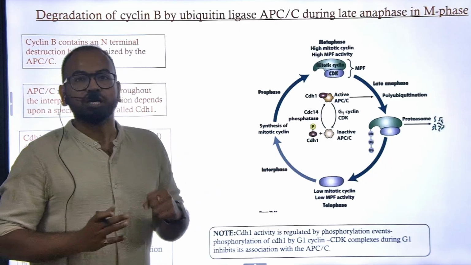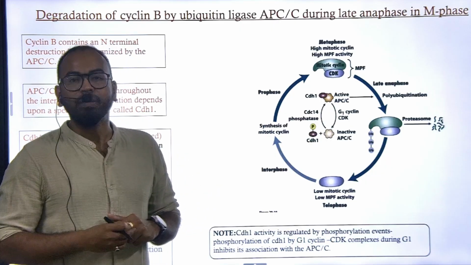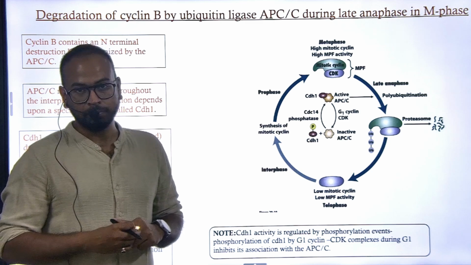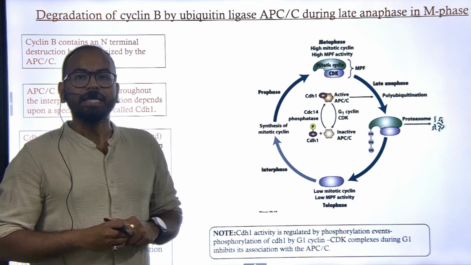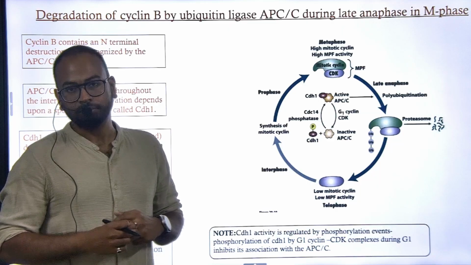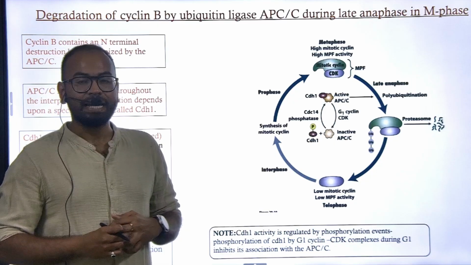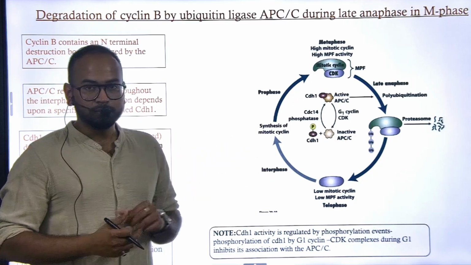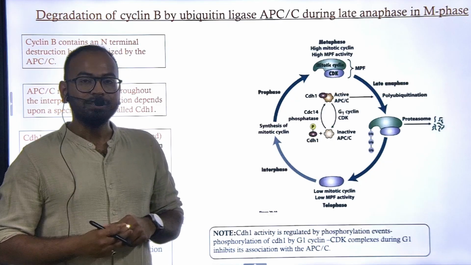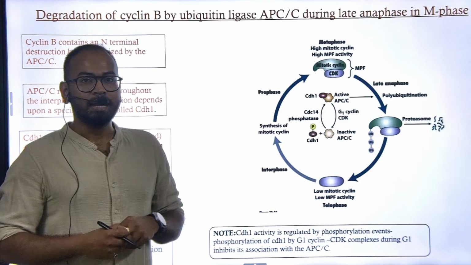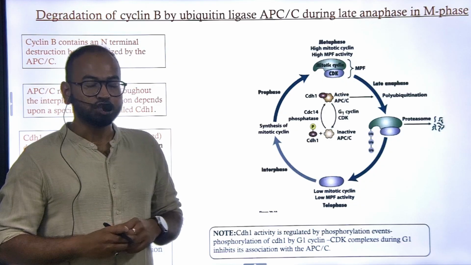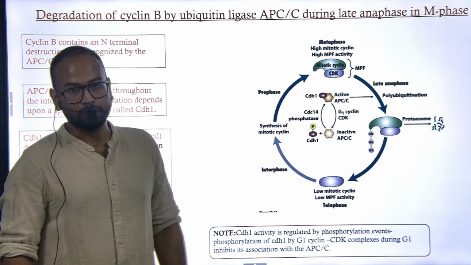That N-terminal destruction box is the site of ubiquitination, where ubiquitin units are bound by the activity of APC/C in association with CDH1. Here, in this slide, we have mentioned how CDH1 is regulated and how it is activated by means of a phosphatase activity, CDC14.